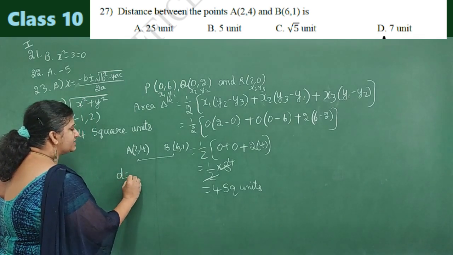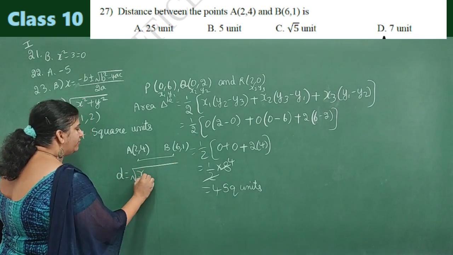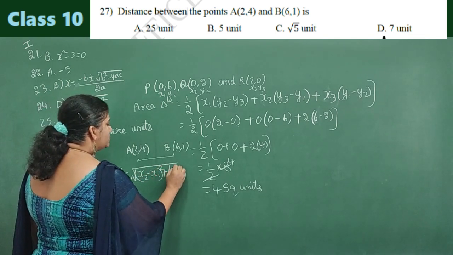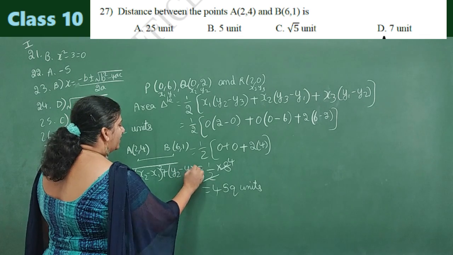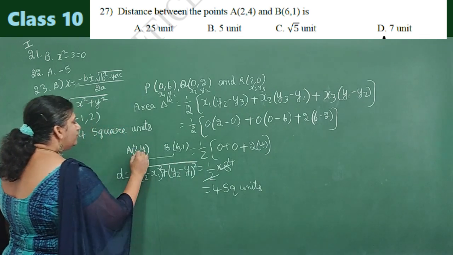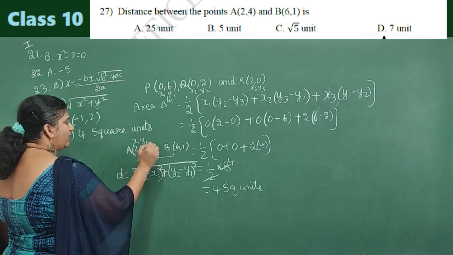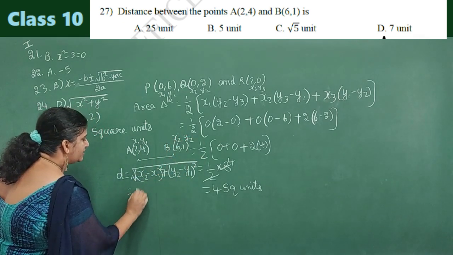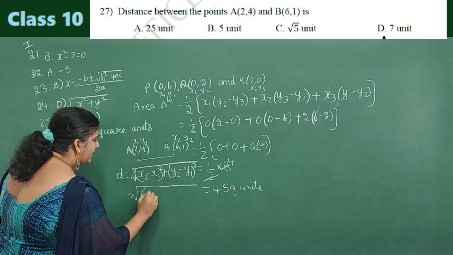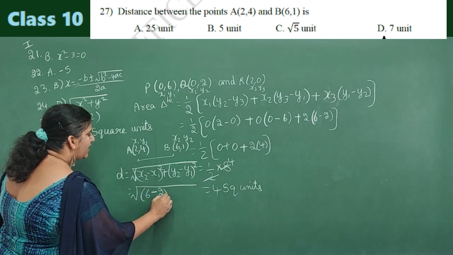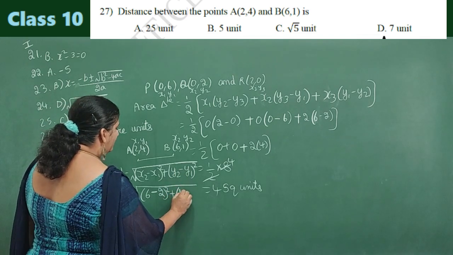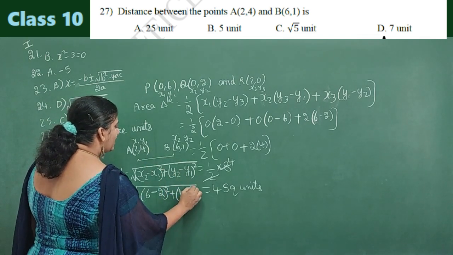That is d is equal to square root of (x2 minus x1) whole square plus (y2 minus y1) whole square. Mark this x1, y1, x2, y2 and substitute in this. The x2 value is 6 minus the x1 value 2, whole square, plus the y2 value is 1 minus the y1 value is 4, whole square.